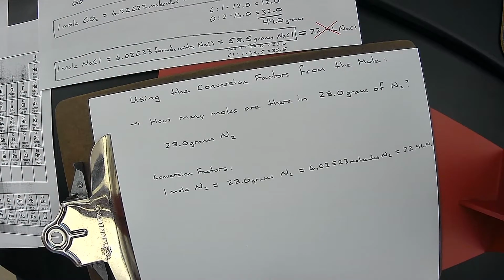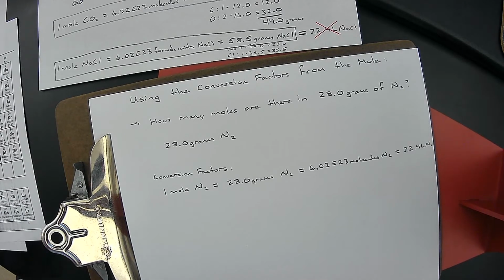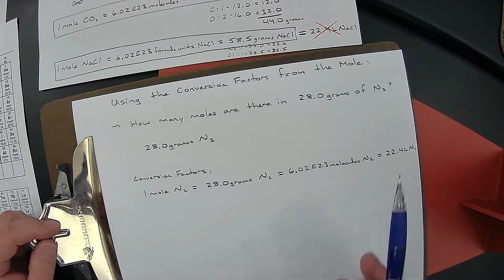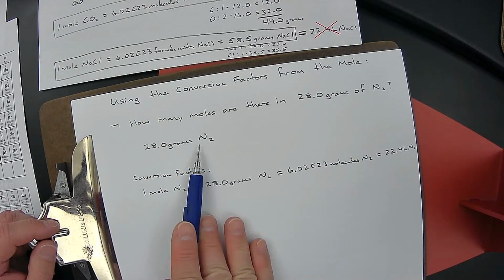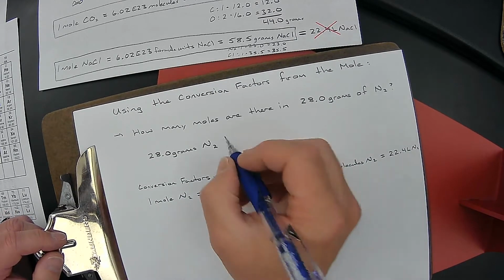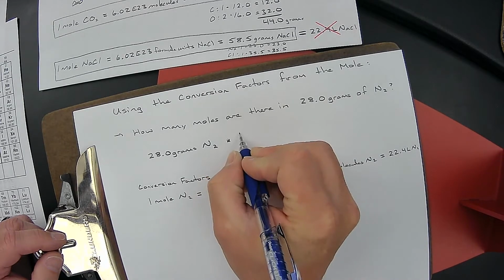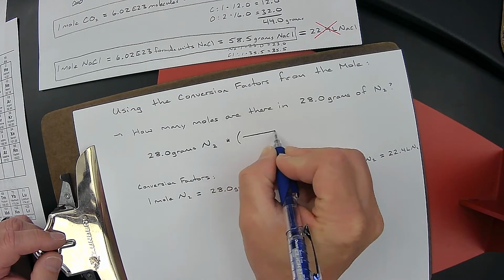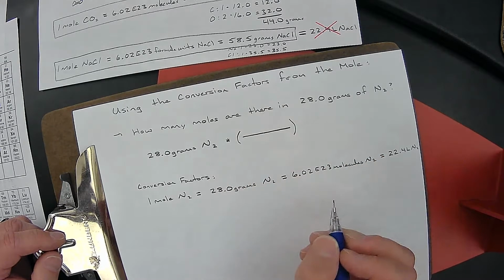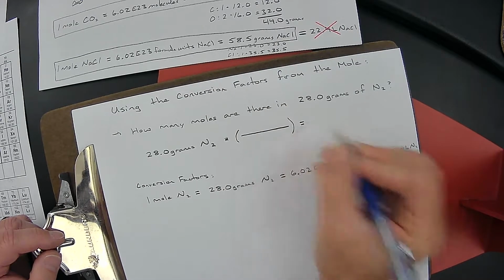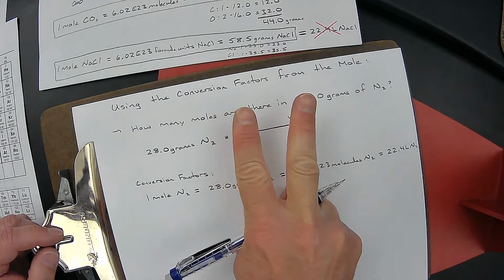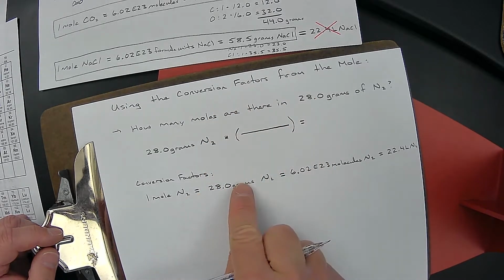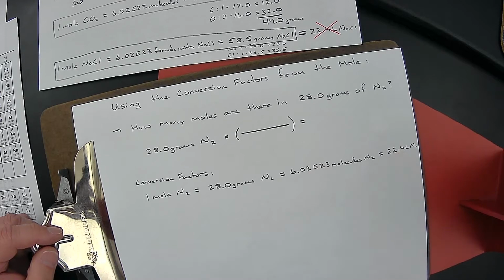And here's the process we are always going to use. So this is important. The first thing is we write down what's given, 28 grams of N2. Then I multiply by my conversion factor. My conversion factor will always involve 2 of the 4 pieces that are available to use.